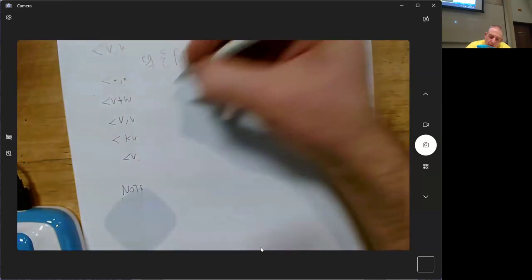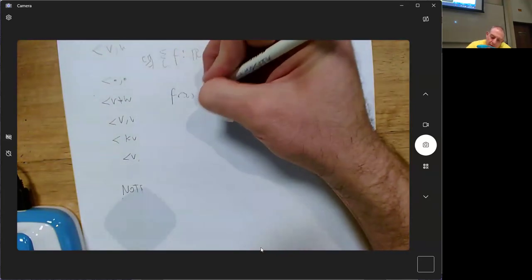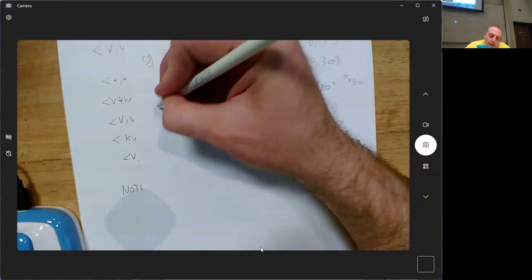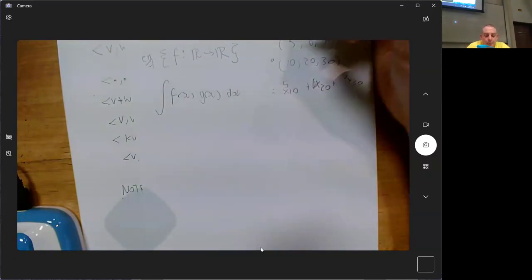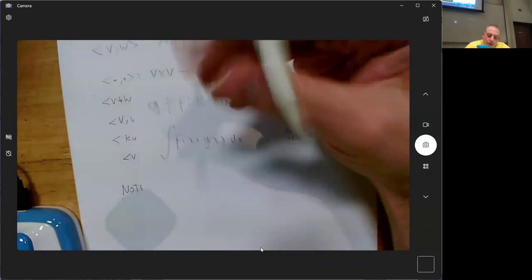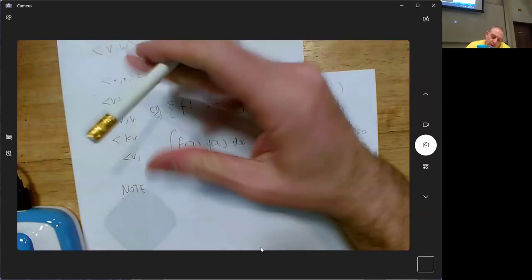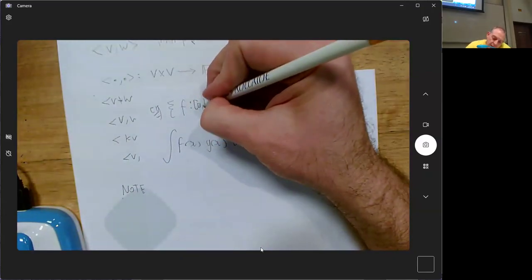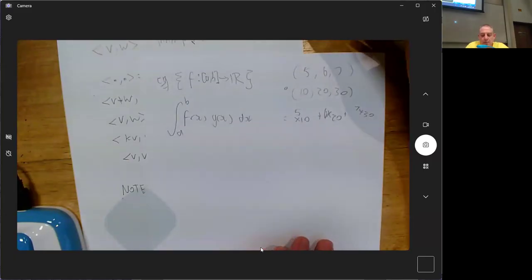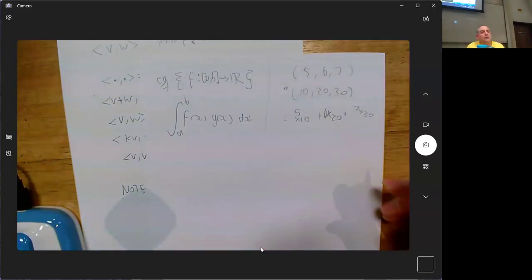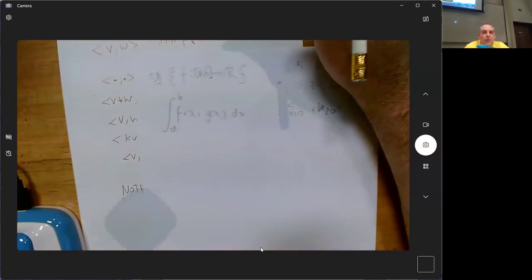So with functions, you multiply the matching bits and you add them up. And usually you'll do it from A to B. That's the equivalent idea when you're doing dot products.